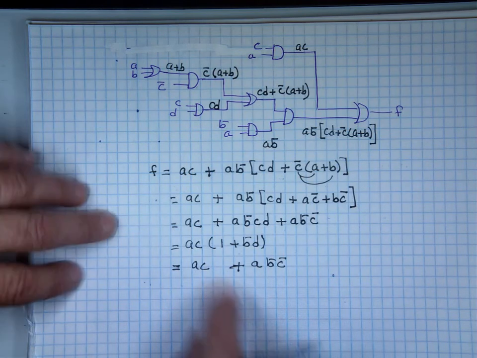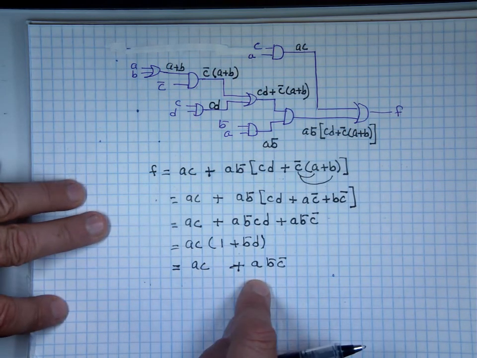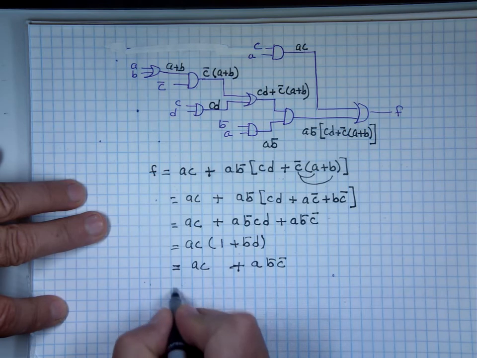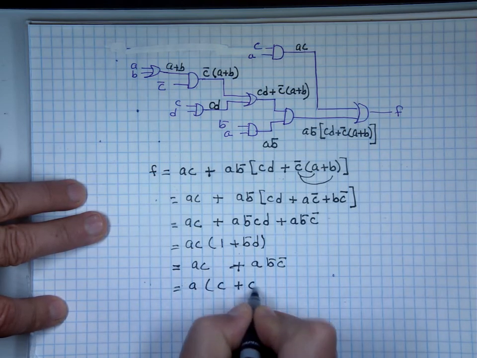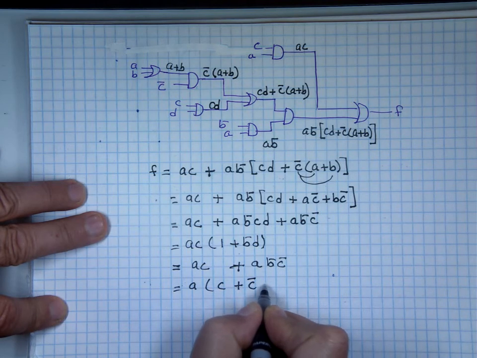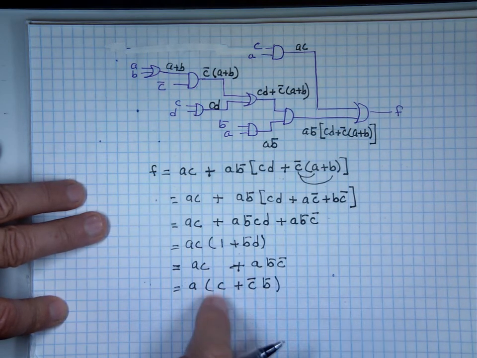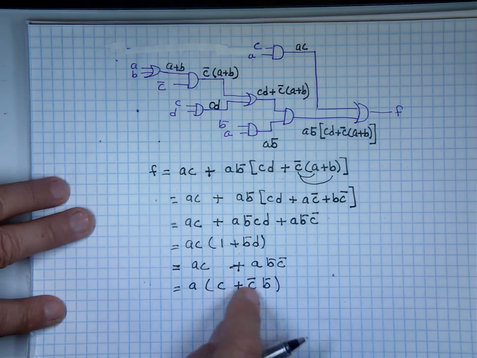I can factor out what? A out. What's left? C plus C bar, B bar. I wrote it this way because if you have C plus C bar, B bar, you can write that as C plus B bar.